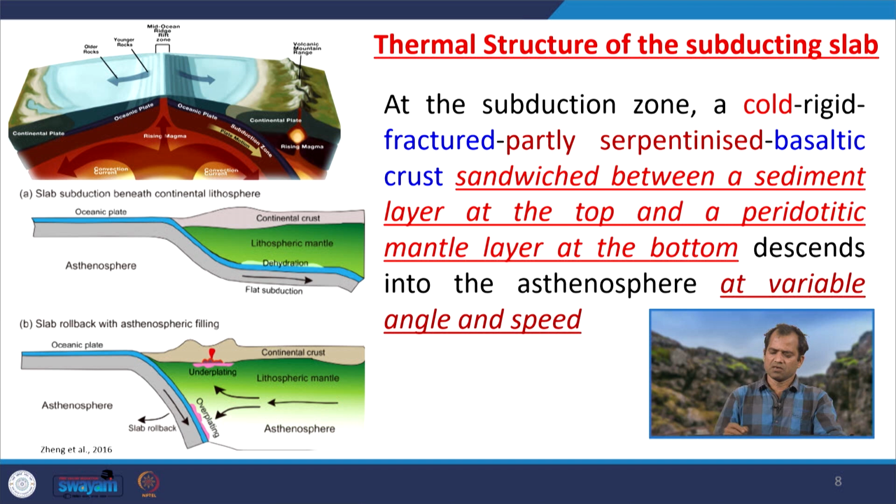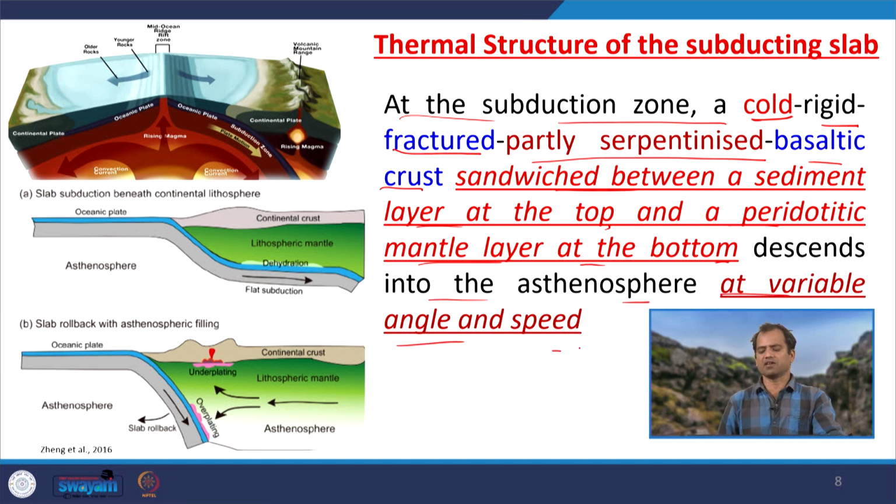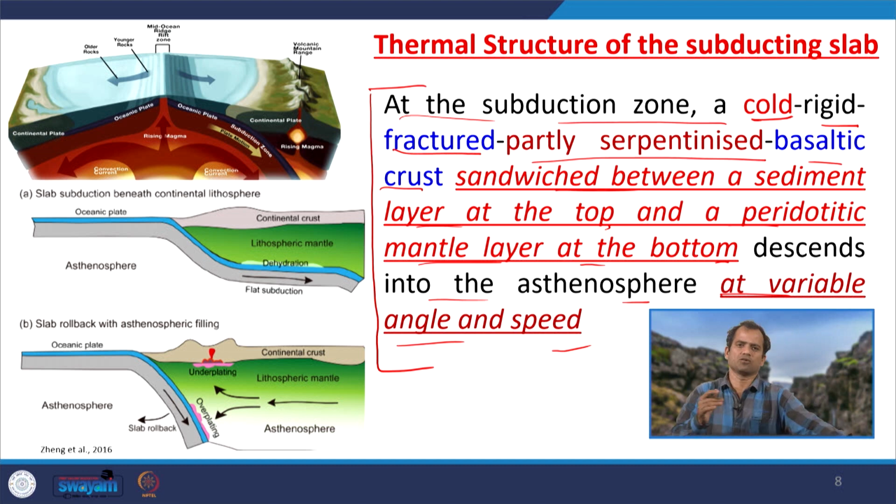So, that means at the subduction zone, a cold, rigid, fractured, partly serpentinized basaltic crust sandwiched between a sediment layer at the top and peridotite mantle layer at the bottom descends into the asthenosphere at a variable angle and speed. This statement says everything about this oceanic lithosphere which is subducting at the subduction zone.